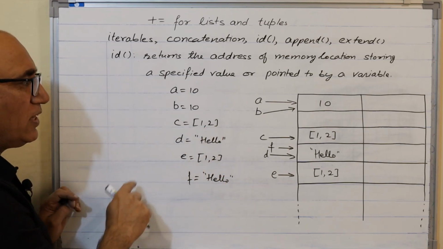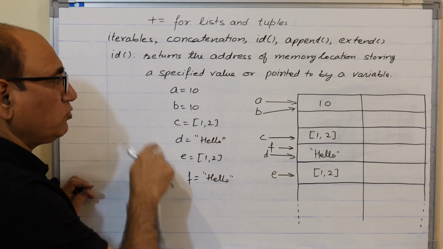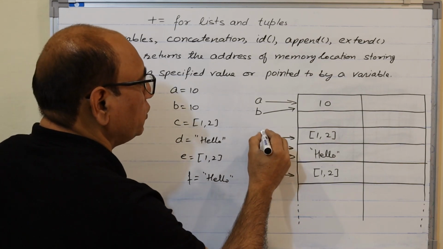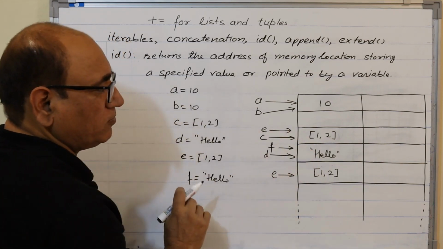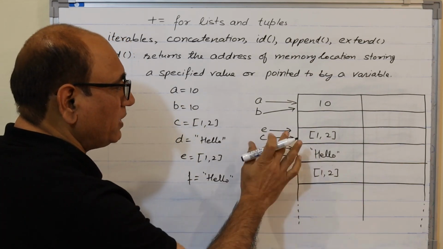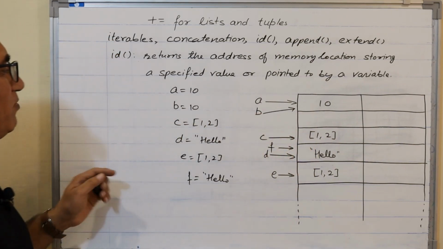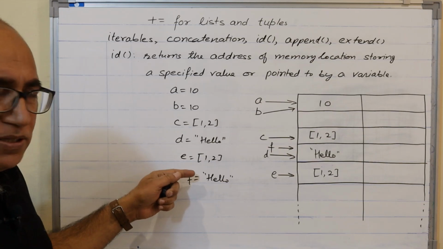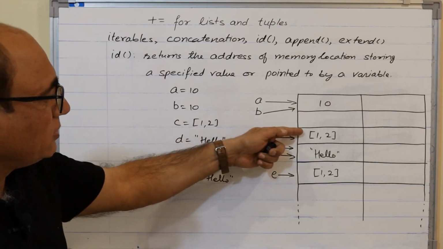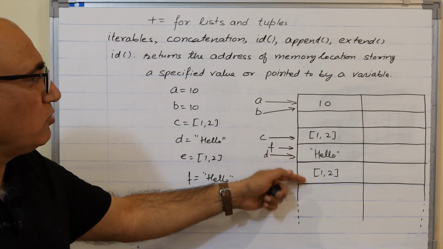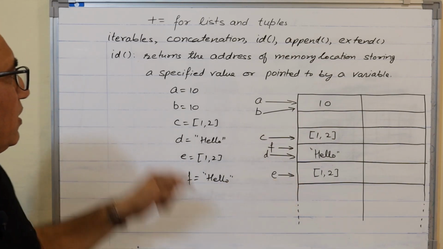Then why not E pointing to the same memory location to which C is pointing? Why is E stored separately? The answer is that because lists are mutable, so that is why they are stored in different memory locations although they have the same value.